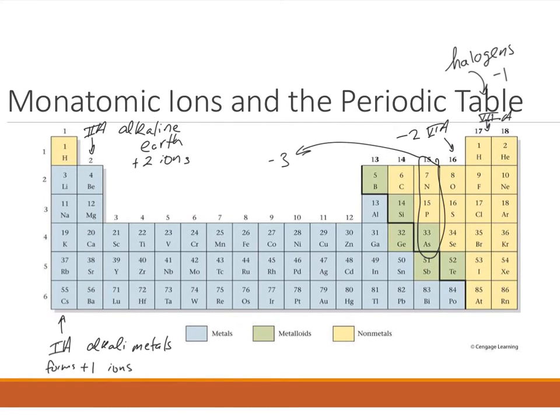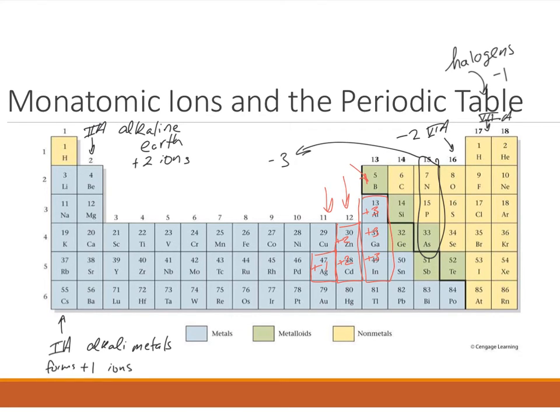There are also a few ions that you need to know because they're only going to form one cation type, and that is silver forms a +1 ion. Zinc and cadmium both form +2 ions, and aluminum, gallium, and indium all form +3 ions, which is kind of an easy way to remember it because there's 1, 2, 3. 1 forms a +1, 2 forms +2, and 3 form +3.